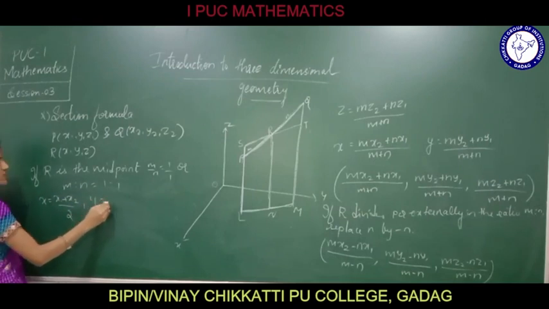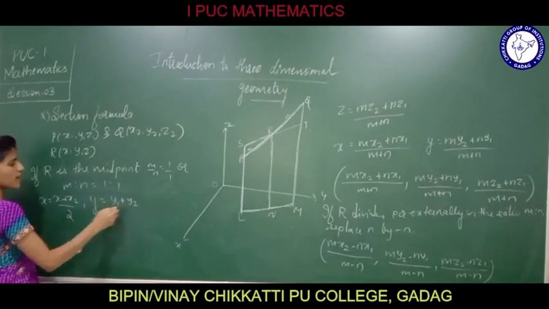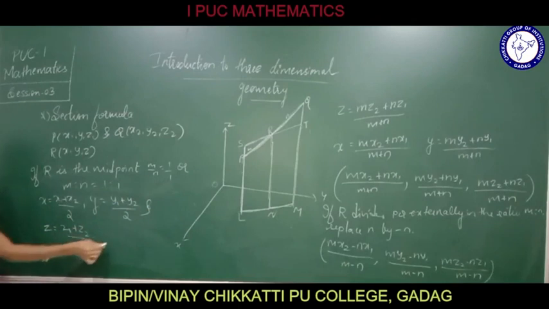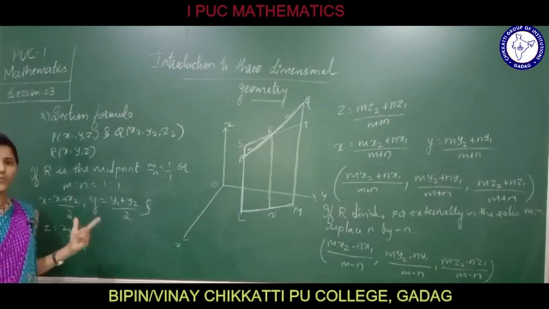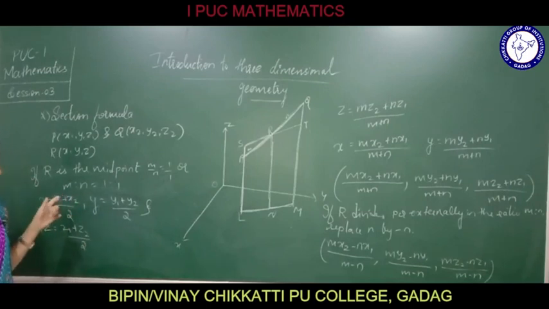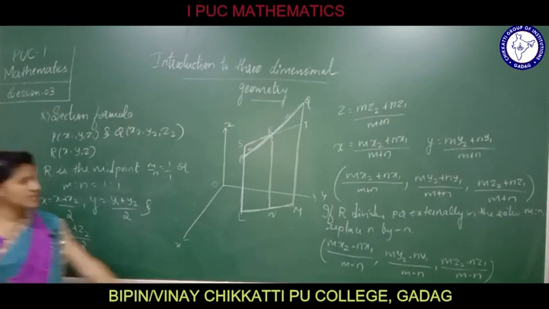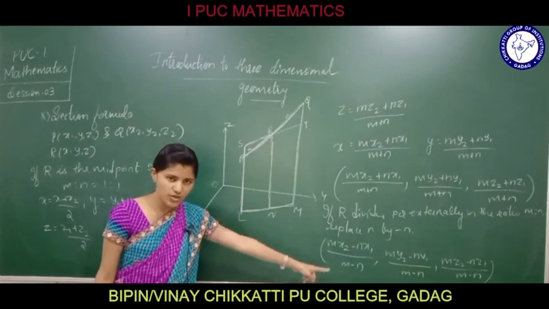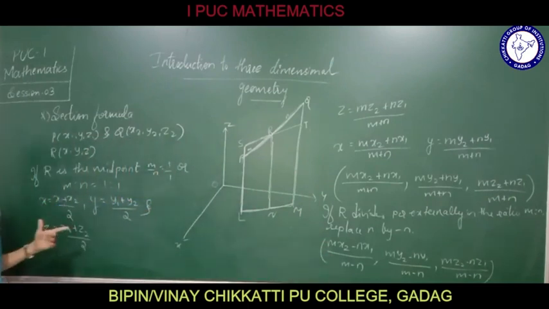For y coordinates, y1 plus y2 by 2. And for the z coordinates, z1 plus z2 by 2. This is possible when R divides PQ equally. This is when R divides internally, this is when R divides PQ externally, and this is when R is the midpoint.